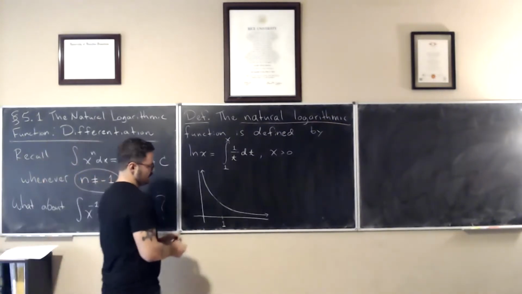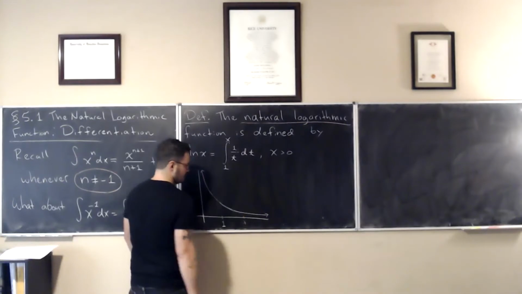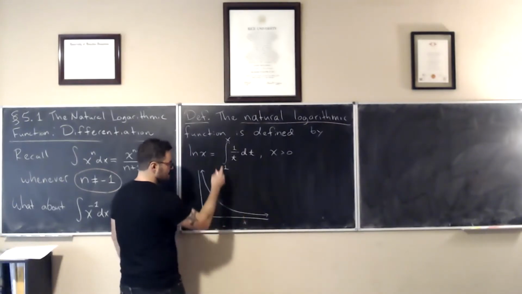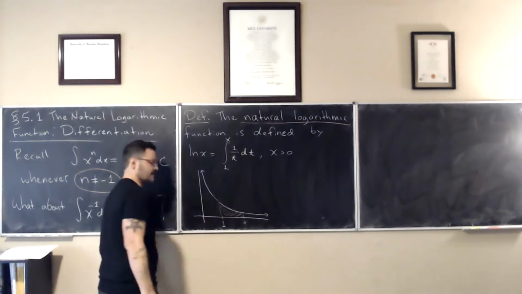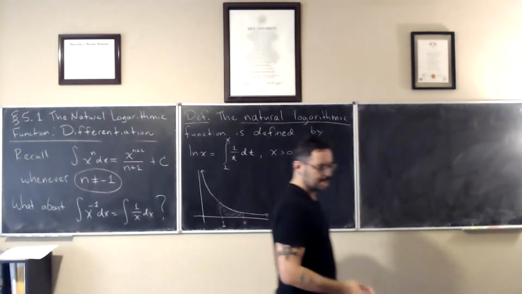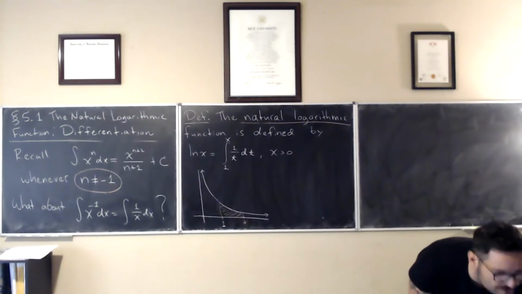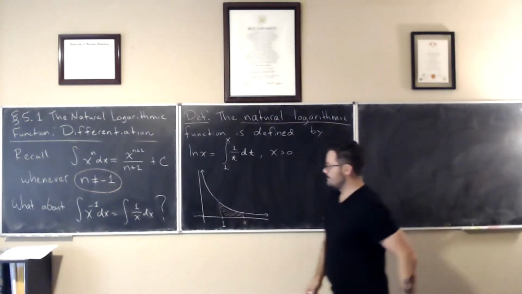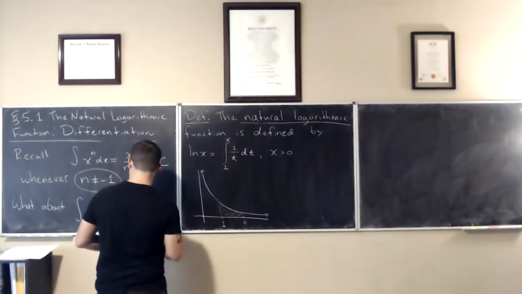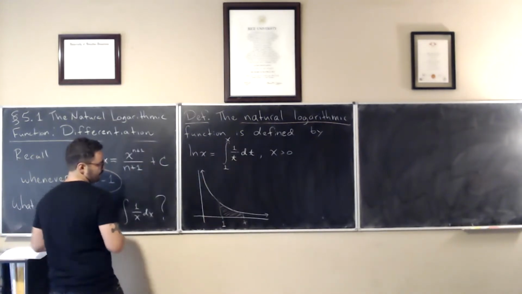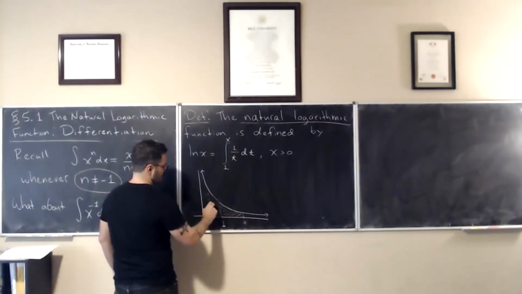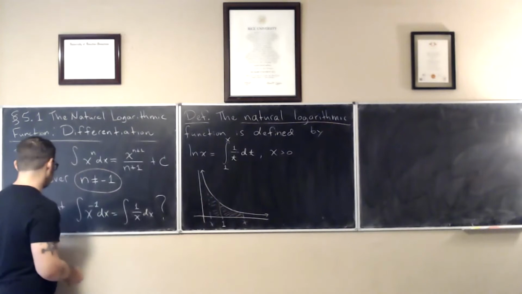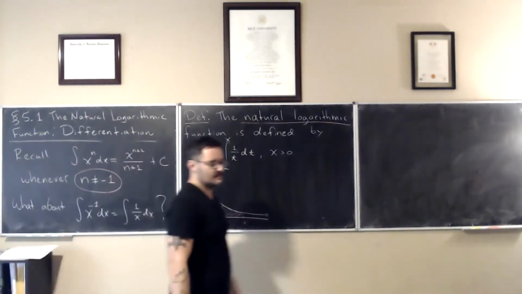So if you chose x to be maybe there, then this would evaluate that area. Can y'all see that? Yeah, just a little bit. If you chose x here, to the left of 1, less than 1, then it would be that area there.